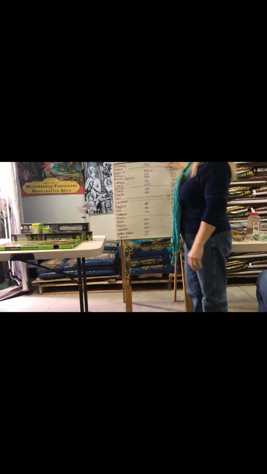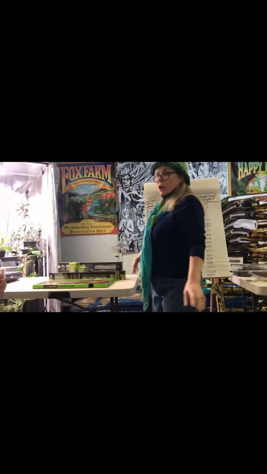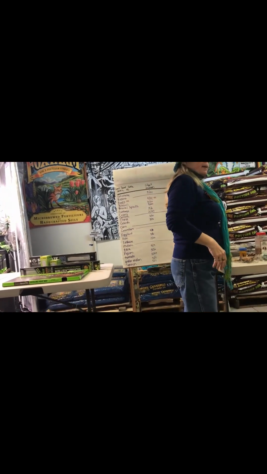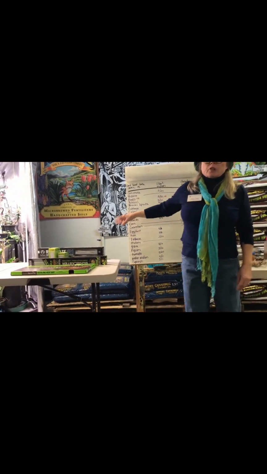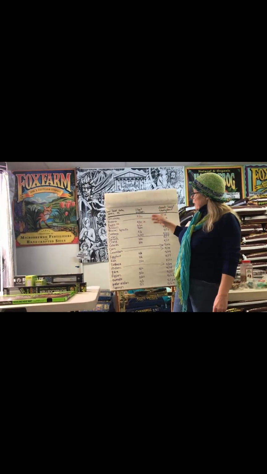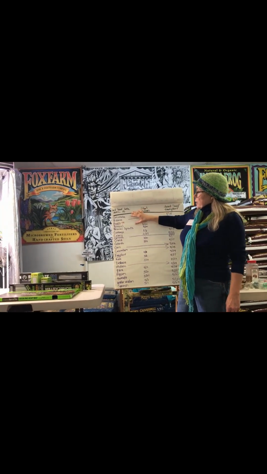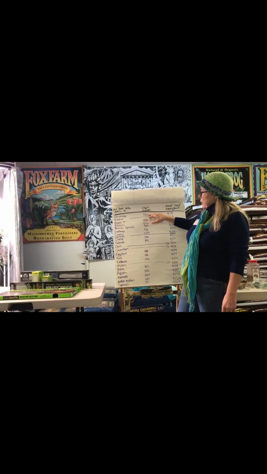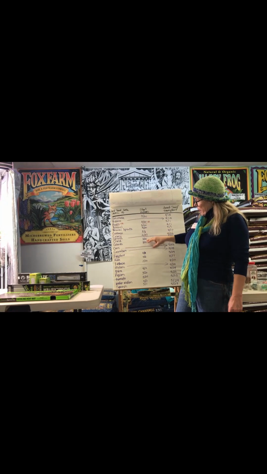This here is just some other information about start dates, as far as when to start and when to transplant them outside. So when you get them started, we still have to pay attention to when we want them outside. But you can see, last frost date, start indoors. Is it time to start a lot of things?